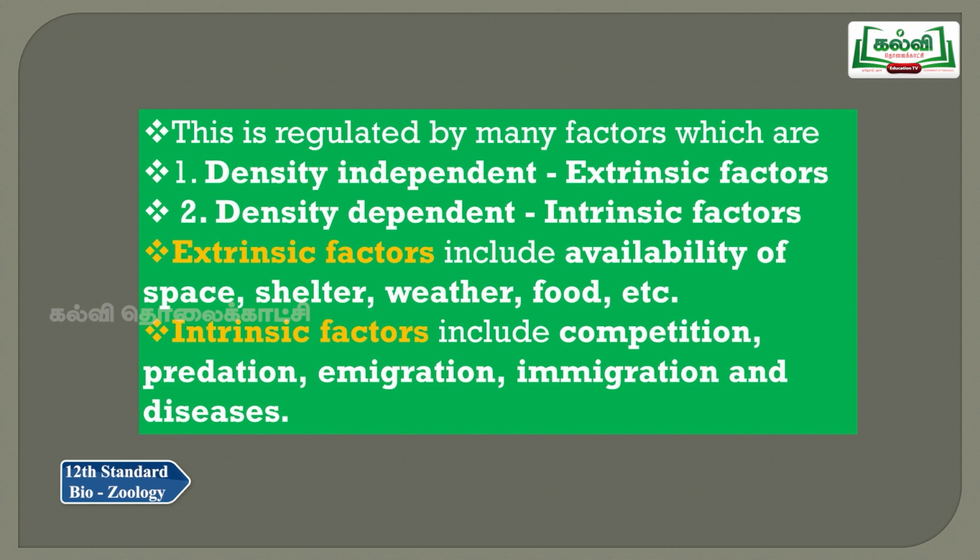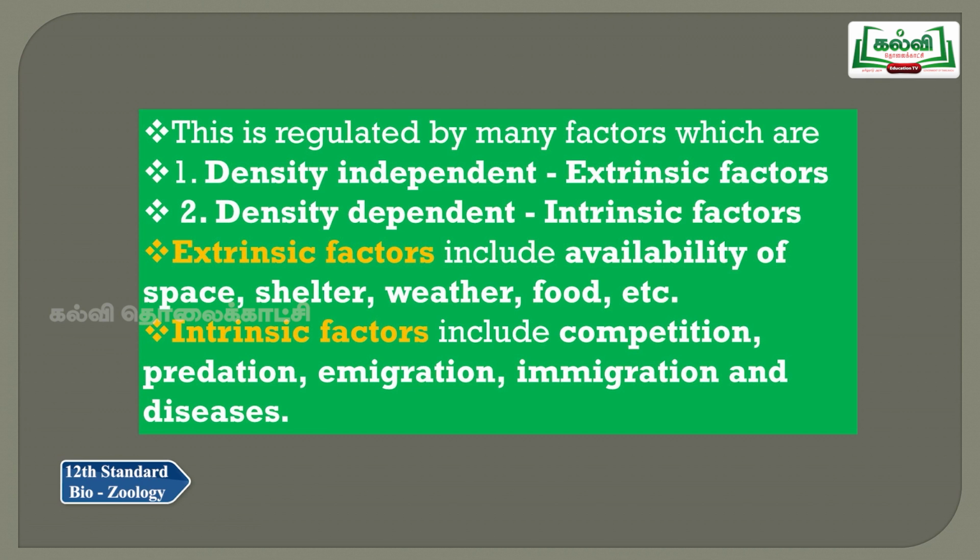Then it is regulated by many factors, which are density independent and density dependent. Density independent factors are extrinsic factors, that means outer characters, and density dependent factors are intrinsic factors, that is the factors which the organism has inside it.